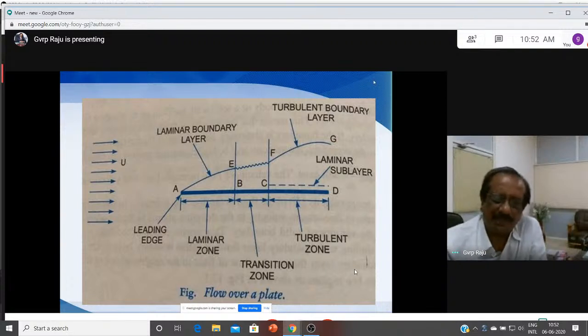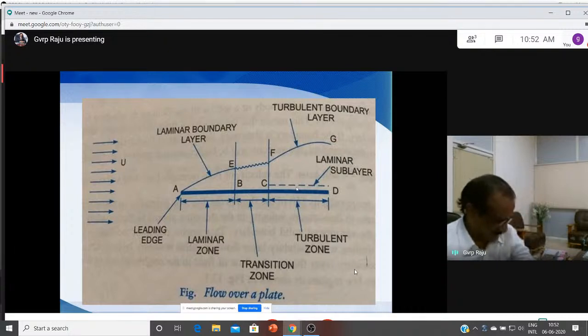Then you can say it is a turbulent flow, and the layer is a turbulent boundary layer, wherein the boundary layer has maximum thickness here. The FG portion is the turbulent boundary layer. We have a small portion here, called the laminar sublayer.